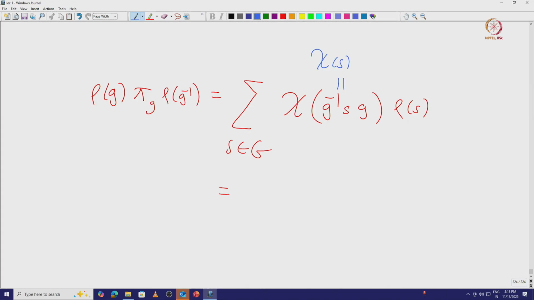So then what you get is exactly equal to pi rho. That means this pi rho is nothing but a G invariant map, or intertwining operator.